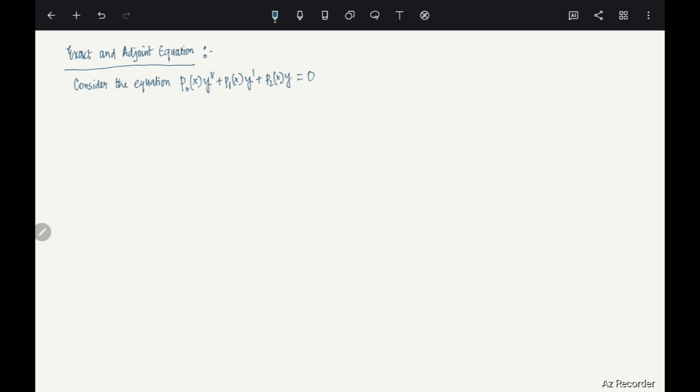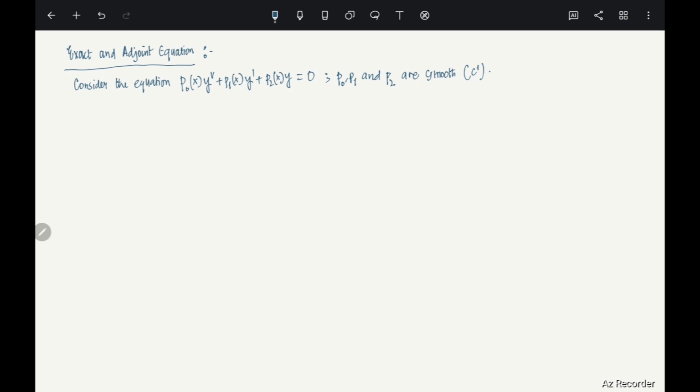Again here we are going to assume that P0, P1 and P2 are smooth. Most of the time continuity is enough, but let's just say smooth. Smooth means it is at least C1, continuously differentiable, and that is fine.